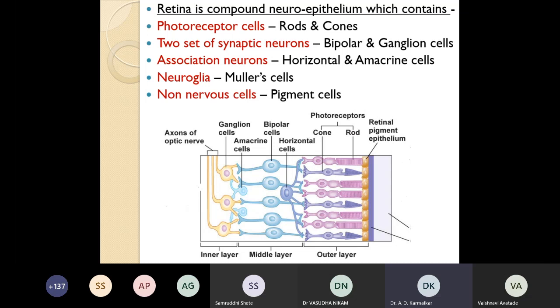The neuroglial cell, which is not seen in this diagram, is the Muller cell, a supporting cell. And the non-nervous cell is the pigment cell, the outermost cell, which you can see there. These are the cells that we should know, and they are typically arranged in the retina. If you know these cells and their arrangement, you can easily comment on the different layers, and if you know the histology of each cell, it becomes easy to understand the slide of the retina. So we'll go further now.